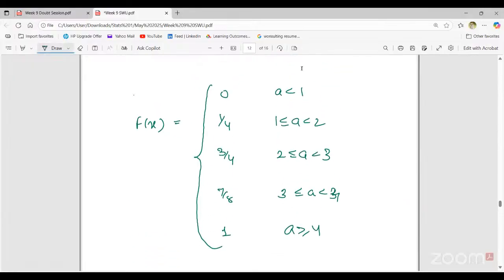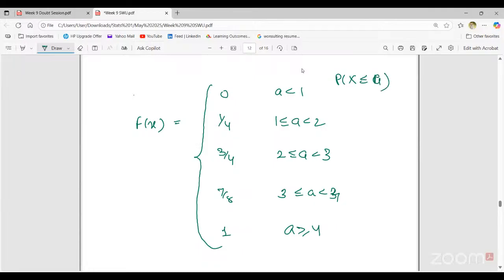Okay. So if you remember what was my Fx? Fx, sorry, the CDF is what? The cumulative distribution, correct? So this is basically the probability of x less than or equal to some value, correct?